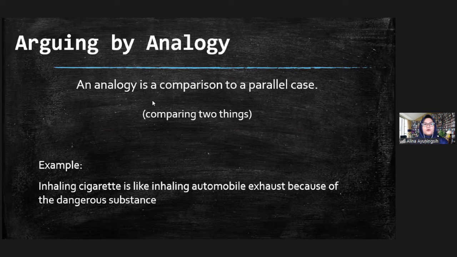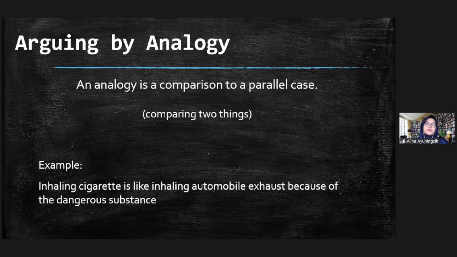Right. So you want to express that the smoke from the cigarette is really dangerous. You compare inhaling the cigarette smoke to inhaling automobile exhaust, the exhaust from a car or from an old bus.